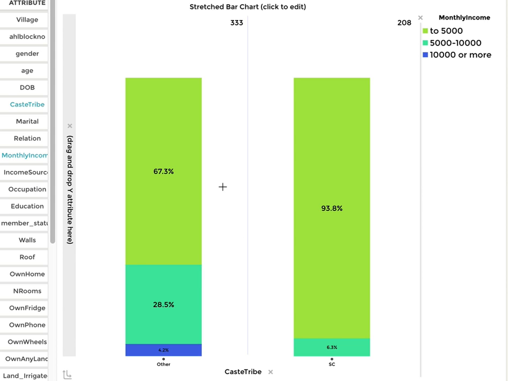In this case, nearly all of the ones who are in the scheduled caste are making 5,000 rupees or less, and none are making 10,000 or more, whereas the distribution is a little better over here in other. There are some of these dark blue, 10,000 or more, 28.5% in the middle, 5 to 10,000, and still over half, but a much smaller proportion in the group that's making 5,000 or less.